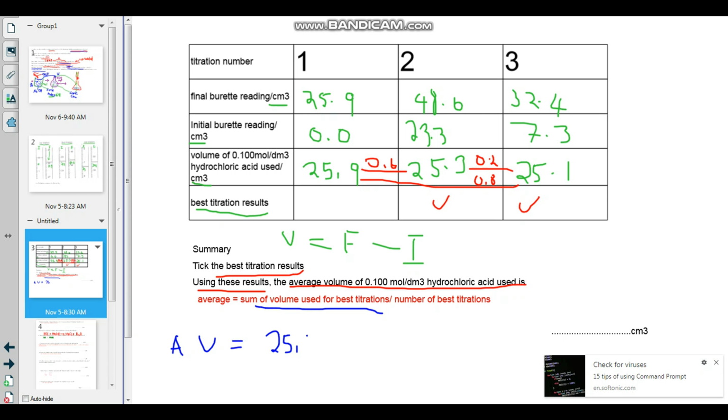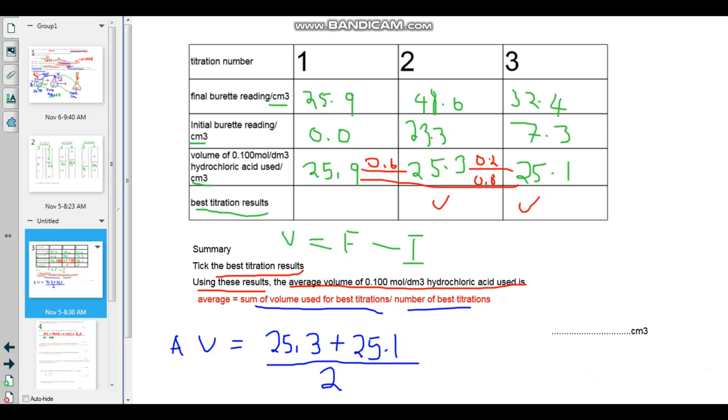We've got 25.3, add that to 25.1 to get the sum of the volumes in the best titrations, divide by the number of best titrations. The number of the best titrations is 2. When you press your calculator, you should get 25.2 cubic centimeters as your average volume.